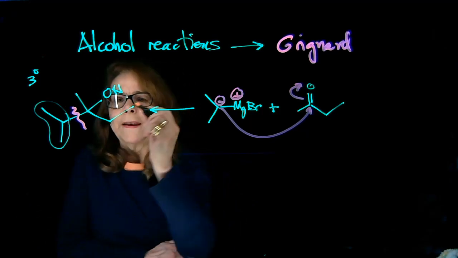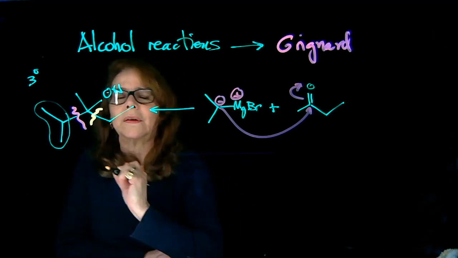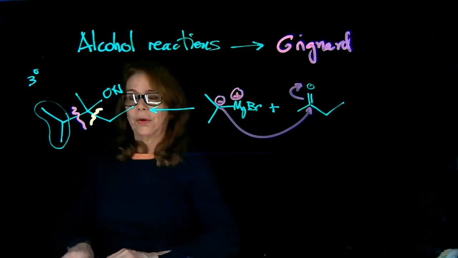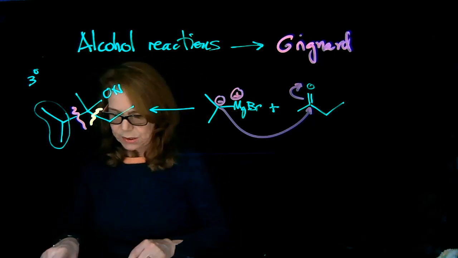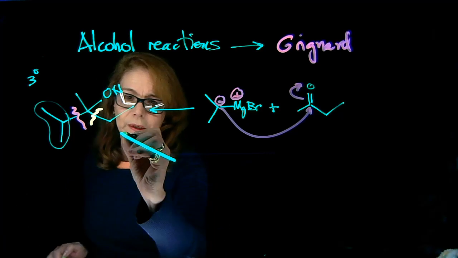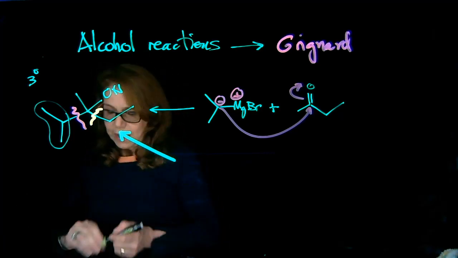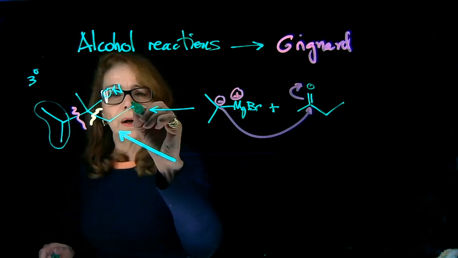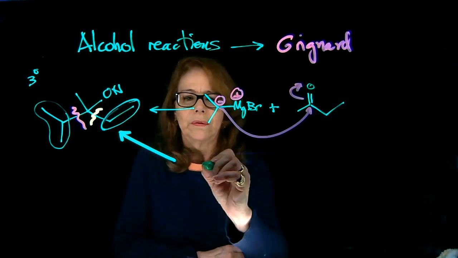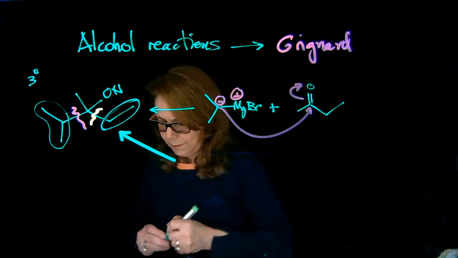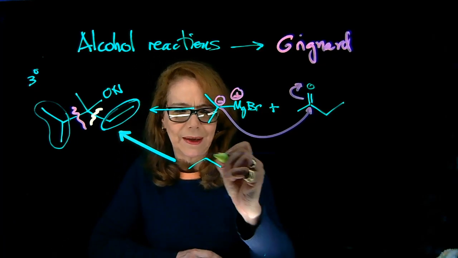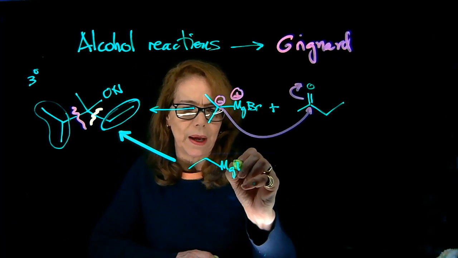Okay, now let's do the other possible. So let's say that now you are disconnecting here. If you disconnect there, you will have another piece of Grignard. Let's do the arrow backwards as we did before, because again, we're doing that analysis. Now I am saying that my Grignard is going to be this fragment, say, ethyl magnesium bromide.